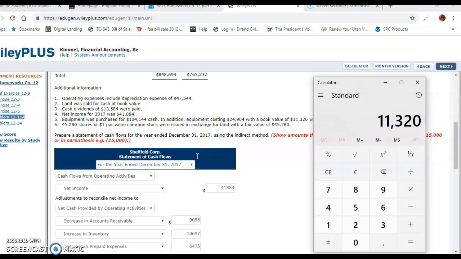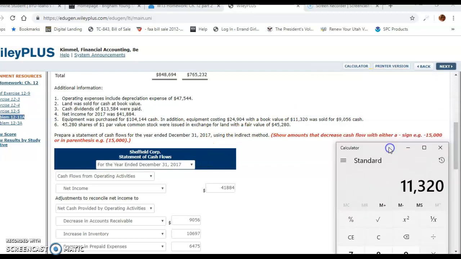Equipment was purchased for $104,144 cash. In addition, equipment costing $24,904 with a book value of $11,320 was sold for $9,056 cash.